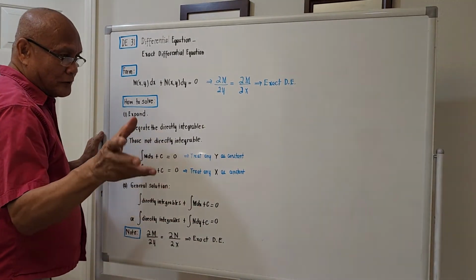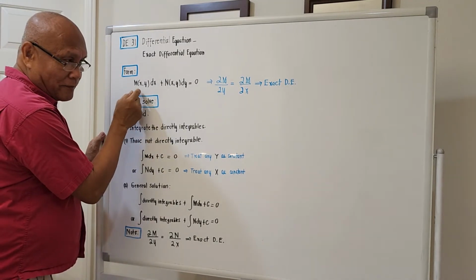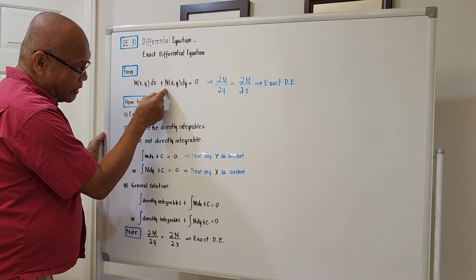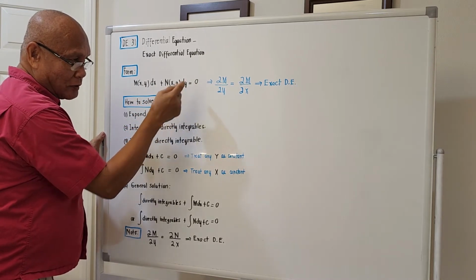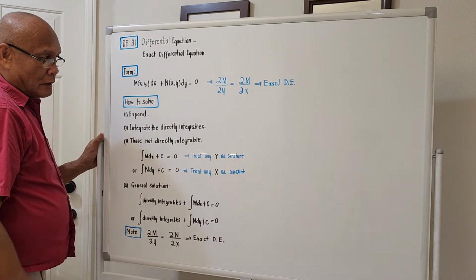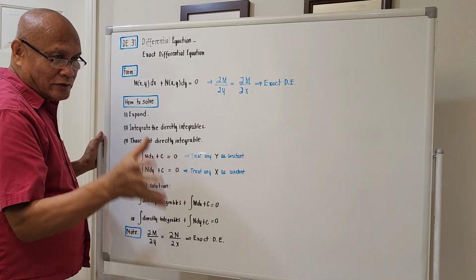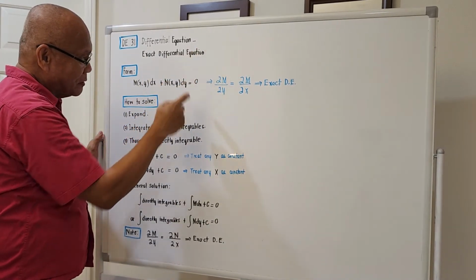The form of the differential equation will be something like this: M as a function of x and y times dx plus N as a function of x and y times dy equal to 0. How could we say if this differential equation is an exact differential equation?